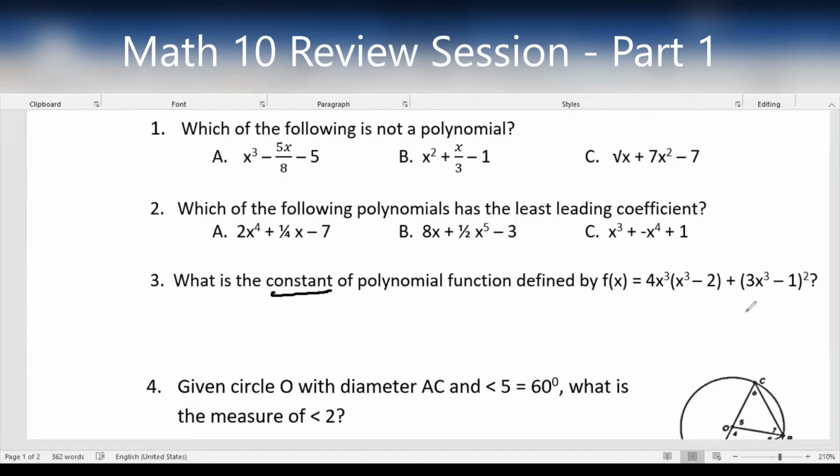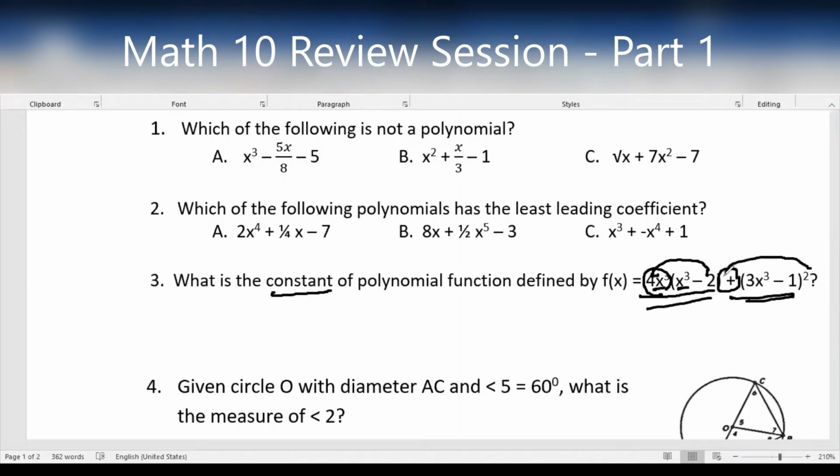So, looking at the given, there is a plus here, and it's not multiplication. If this is multiplication, if there is no plus, there is no constant term. Kasi, if everything is connected with a variable, when you multiply the terms one by one, there will be no constant. Now, since there is a plus, this part is separated, then we can have a constant. Ito lang yung titingnan nyo, never mind this part. Kasi may x yan; when you distribute 4x, magkaka-x ka rin kay negative 2.